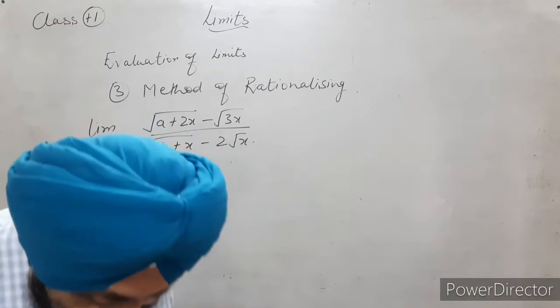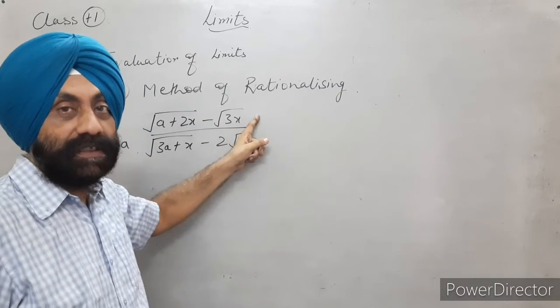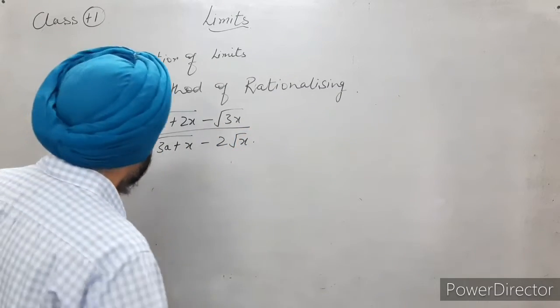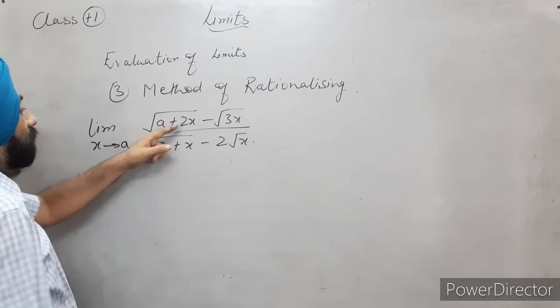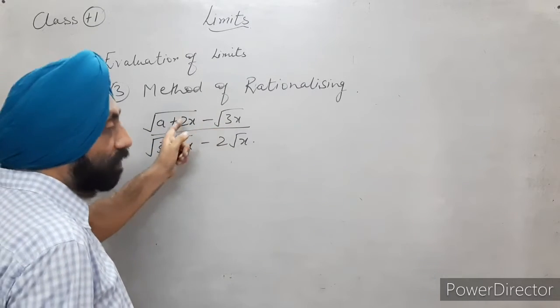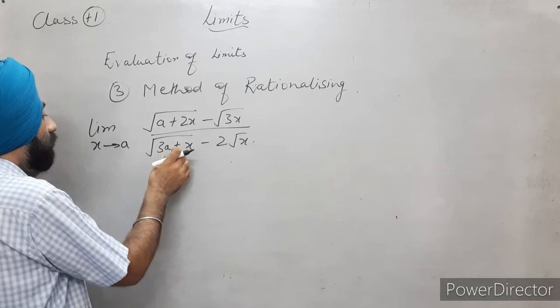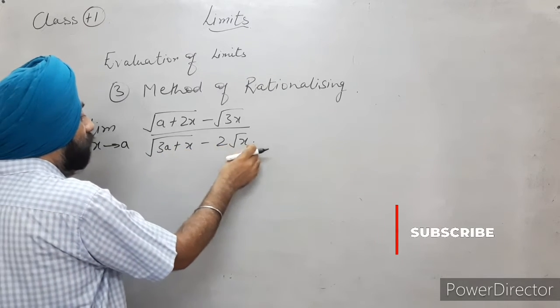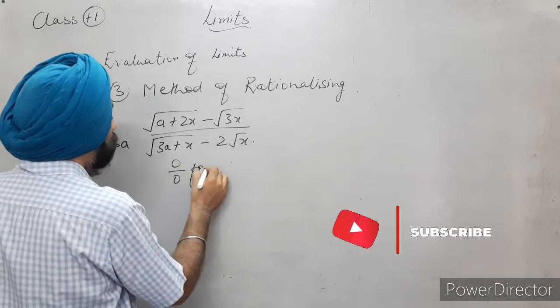In this case we have to rationalize both the numerator as well as the denominator. If I put x as a, I get under root 3a minus under root 3a, that goes 0. Again here it's under root 4a, that is 2 under root of a minus 2 under root of a, I get 0. 0 by 0 form, indeterminate form.